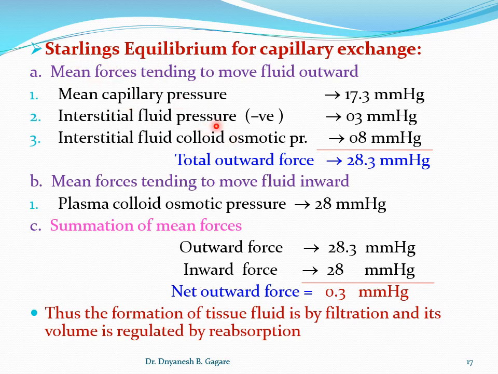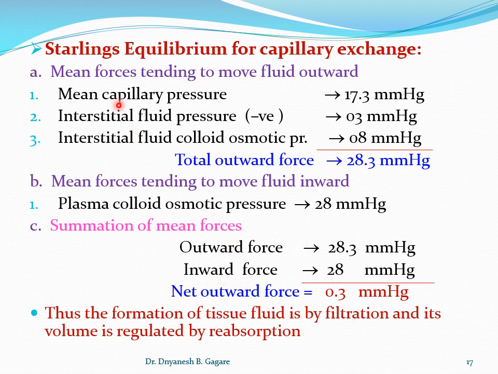And you know these forces, for example capillary pressure, blood pressure अगर बढ़ गया, so what will happen? Then protein concentration is changed in the plasma and interstitium, so colloid osmotic pressure increases or decreases. And if it is changed, how does it affect the outward and inward forces?